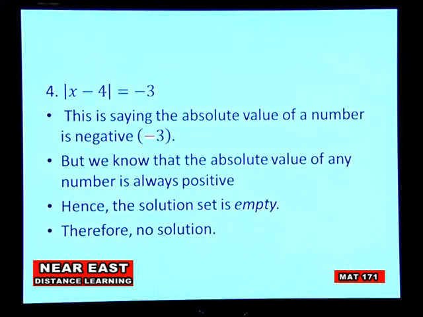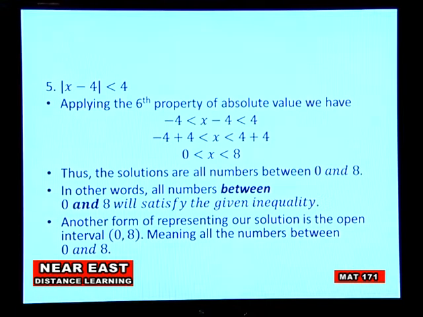The absolute value of x minus 4 is less than 4, so apply the sixth property and you have minus 4 less than x minus 4 less than 4. And you can solve this. This is a linear inequality, and we know how to solve a linear inequality. We did it in our previous topics.